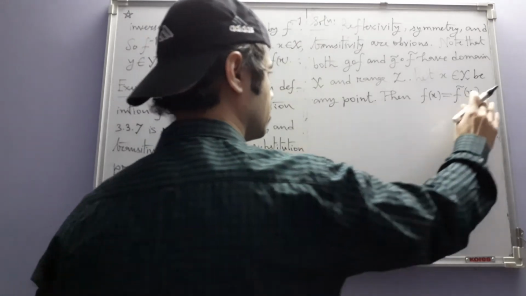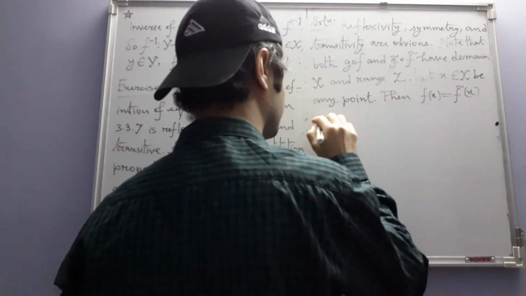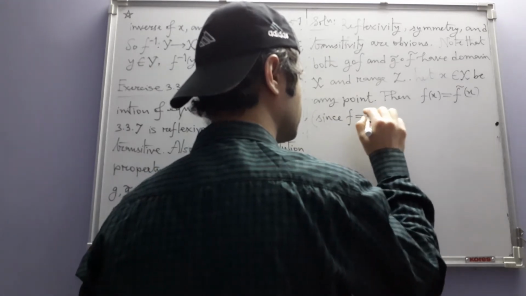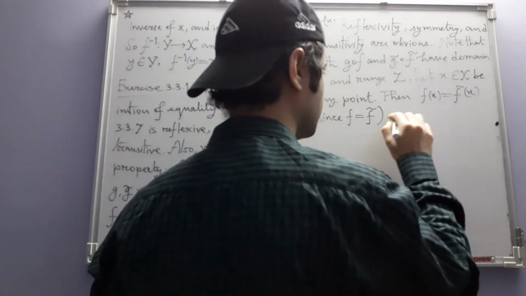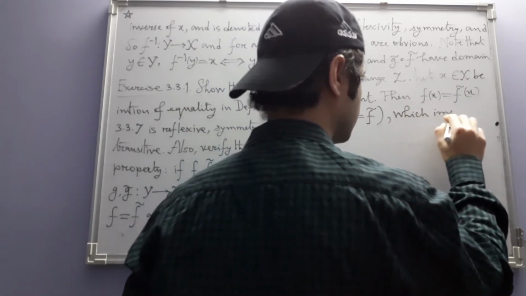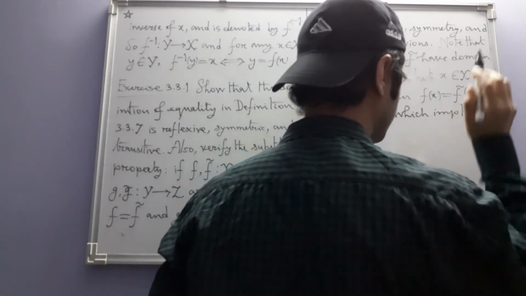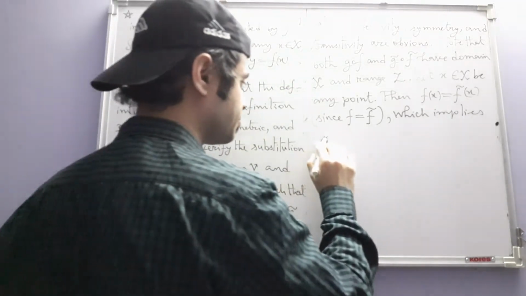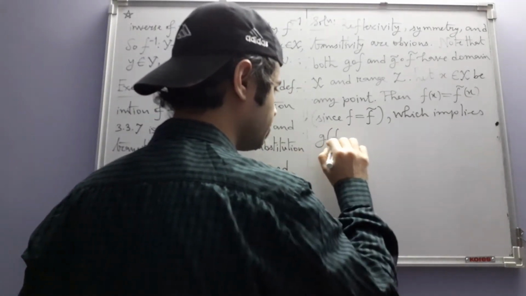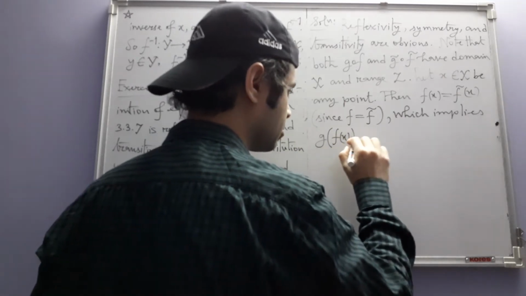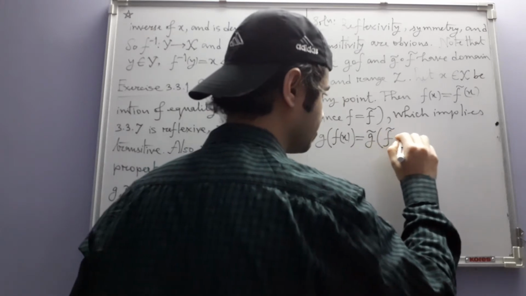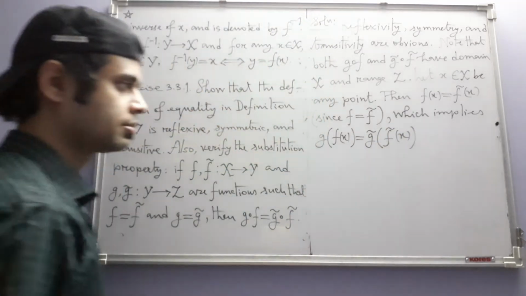Which we can write in bracket since F is equal to F tilde. Which implies G of Fx is equal to G tilde of F tilde x.